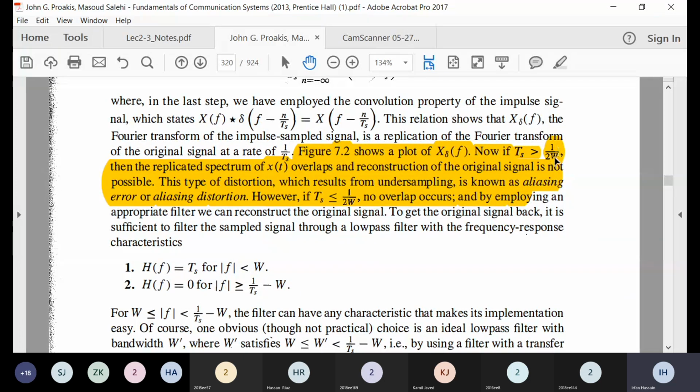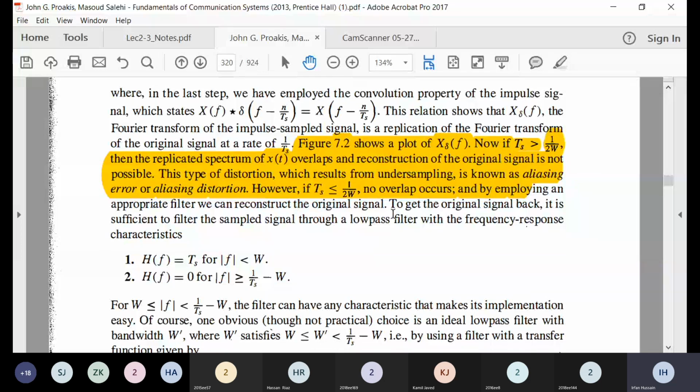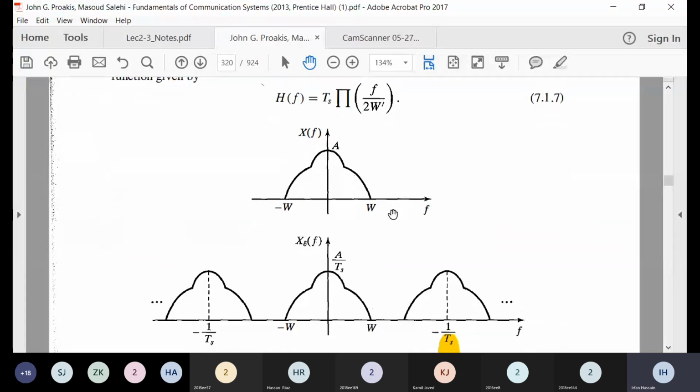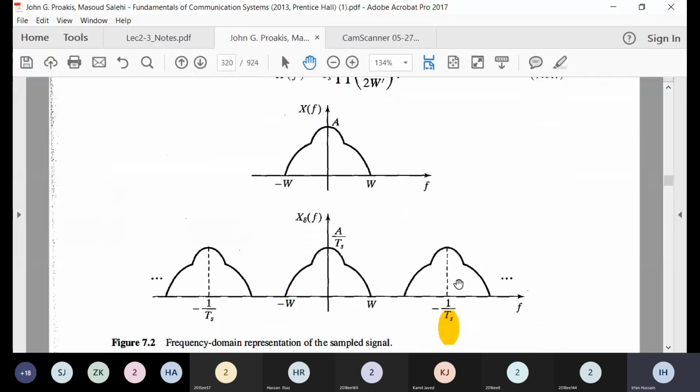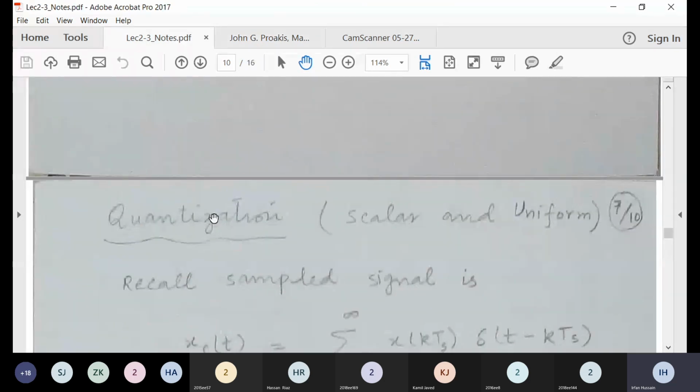So fs is less than 2W. This means your sampled spectrum will be somewhere here, and this portion will come inside here. So you will have aliasing or interference.